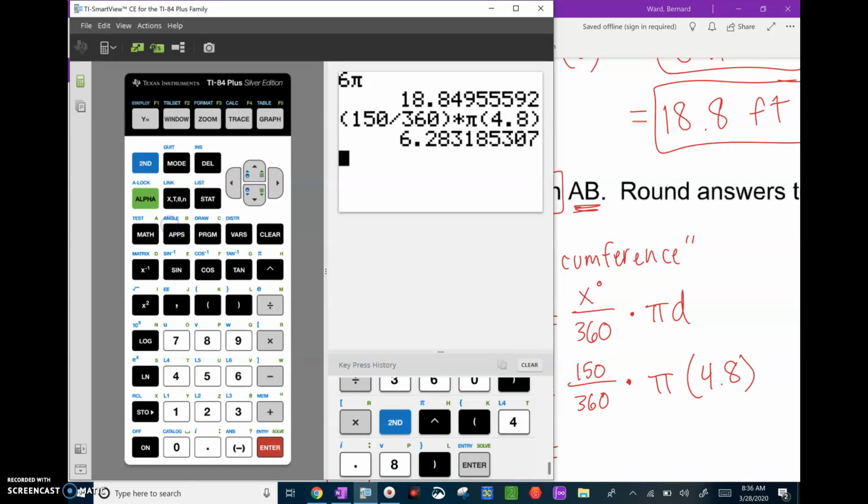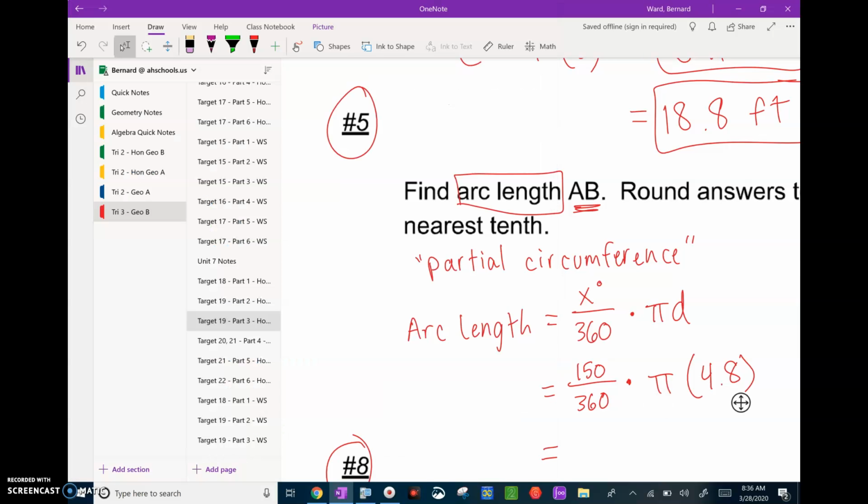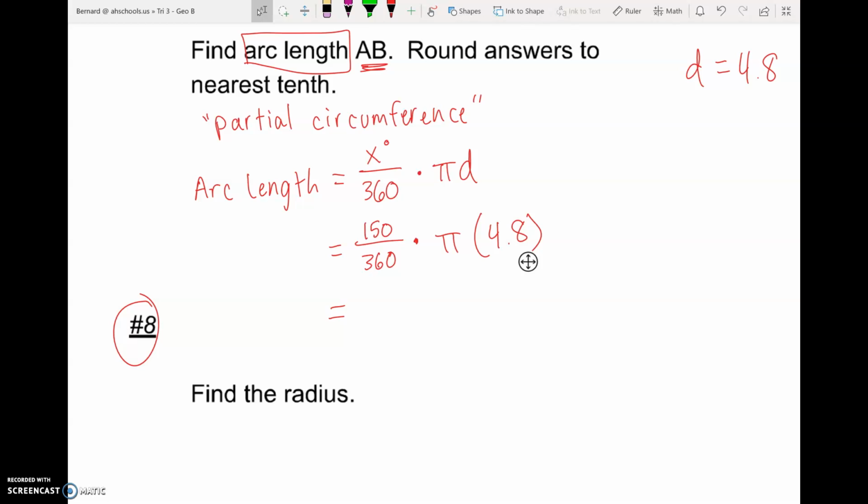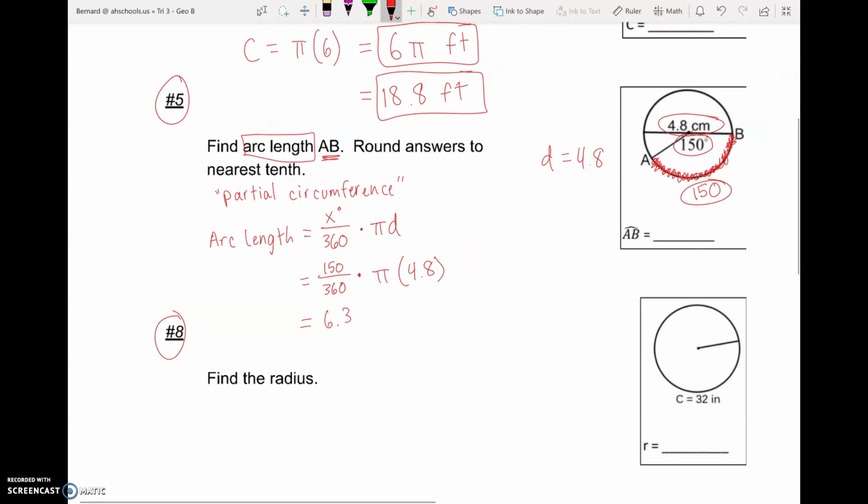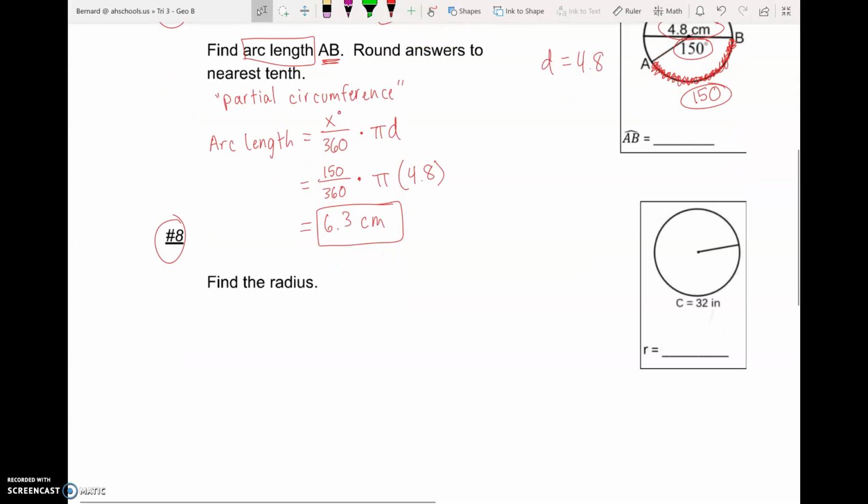And so we hit enter, and it tells us 6.3 when we round up. And so our arc length here is 6.3. Let's figure out our units. Looks like centimeters, so 6.3 centimeters. Perfect.